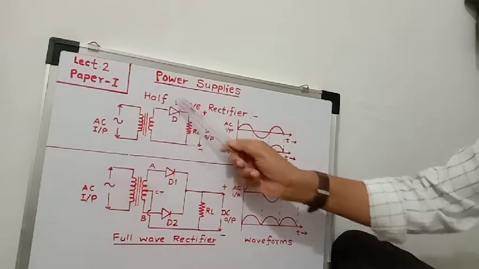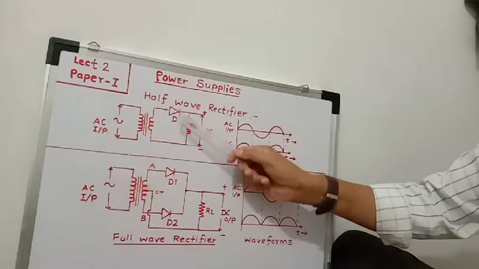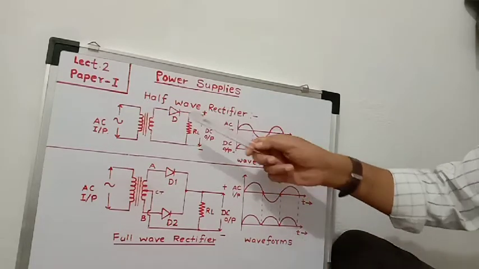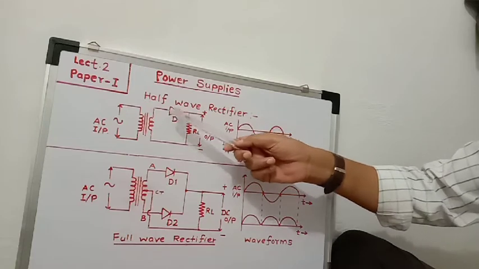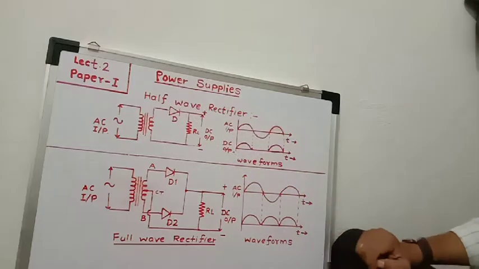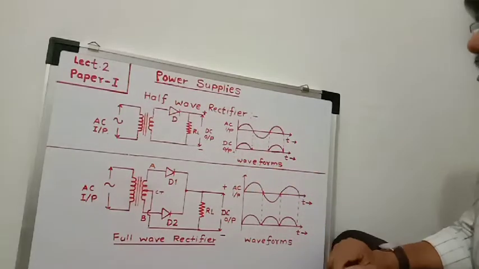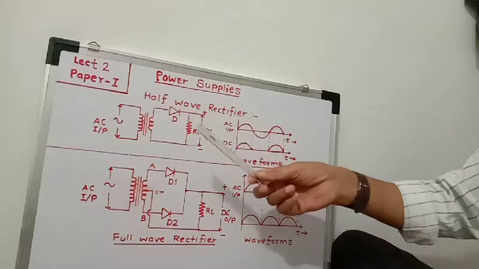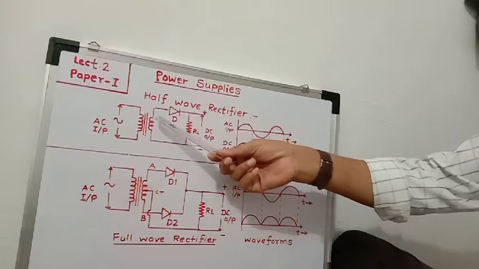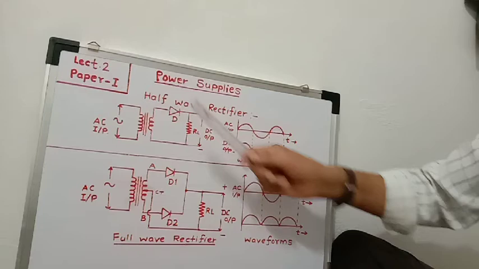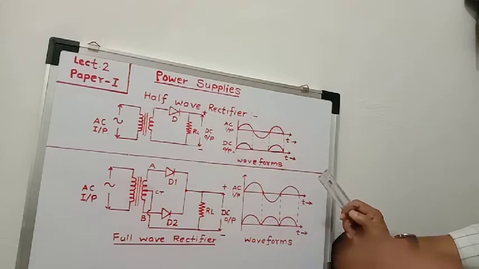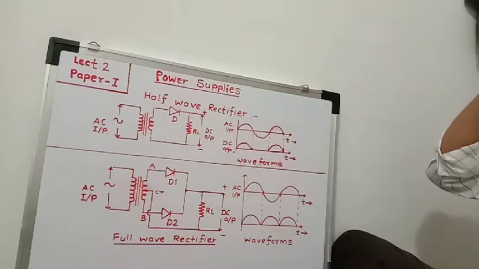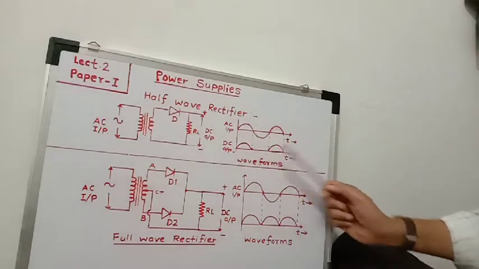Therefore, the diode is reverse biased. When the diode is reverse biased, it offers a very high resistance, that is, it acts just like an open switch. Therefore, no current flows through the diode. The current is blocked during the negative half cycle.